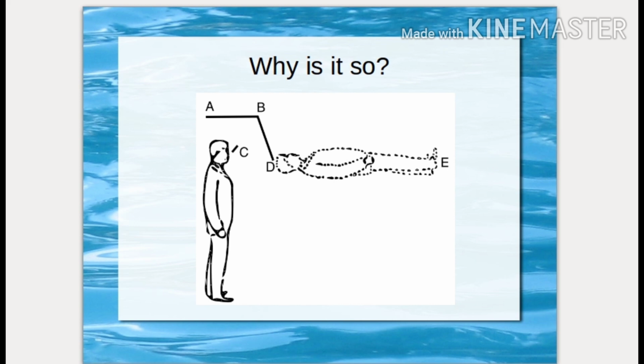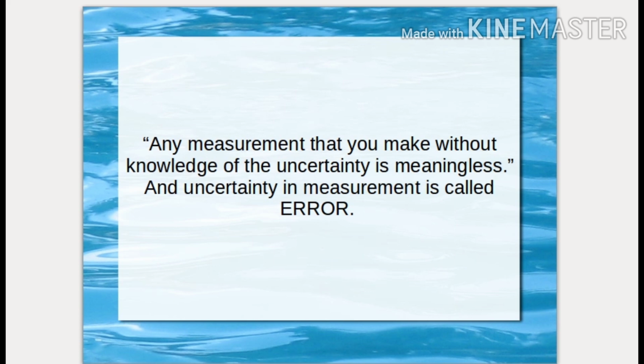Okay, now we conclude that any measurement that you make without knowledge of uncertainty is meaningless. Soon you will be more familiar with this line. And the thing I am saying again and again, the word uncertainty in the measurement.